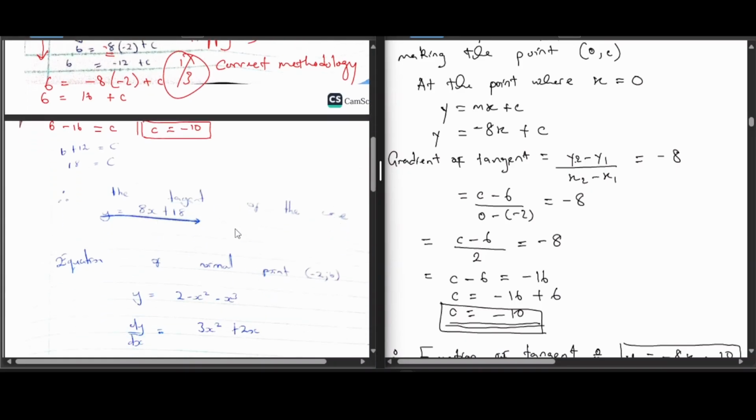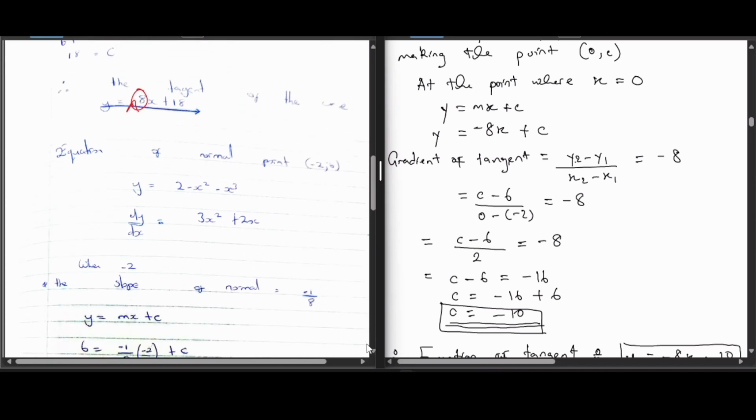The tangent of the curve, so here it's a wrong gradient. Equation of a normal. Here too, incorrect differentiation. Please make sure you don't lose marks like this. Please. And when the slope of the normal is, where did you get this number? It's correct, -1/8.